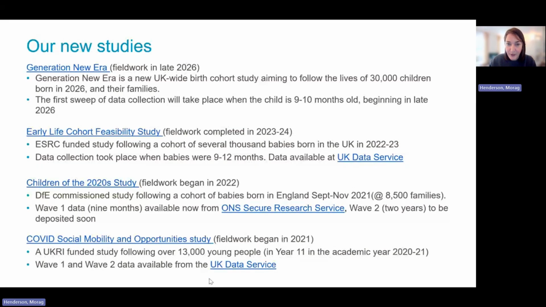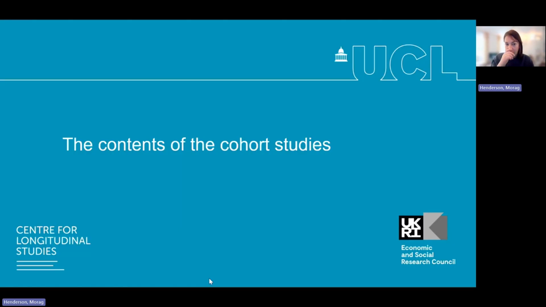So I'll take a brief breath and then move on to the next section, which is trying to take you through the contents in a bit more detail. It's not exhaustive, but hopefully it's extensive enough for you to get a sense of what's included across the 4 cohorts. This is designed to whet your appetite and give you a sense of the kinds of research questions that you could answer using this data.